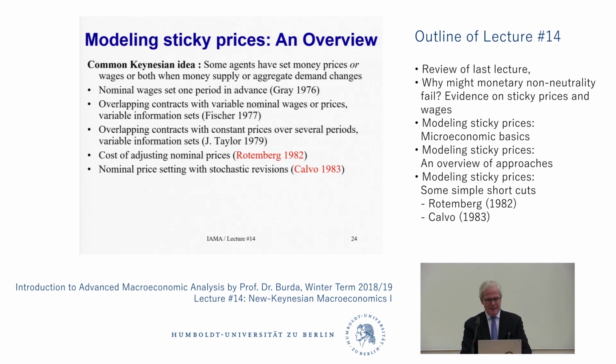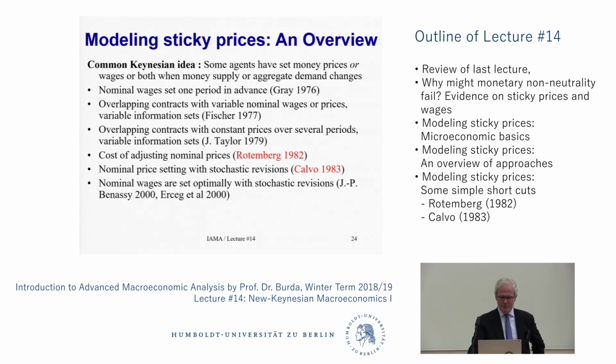Okay, so those two are the paradigms that drive nominal rigidities, both on the price setting side as well as on the wage setting side in modern macro models. And if you're really into this, there are some new innovations that have come along.